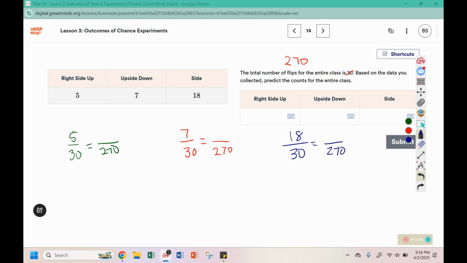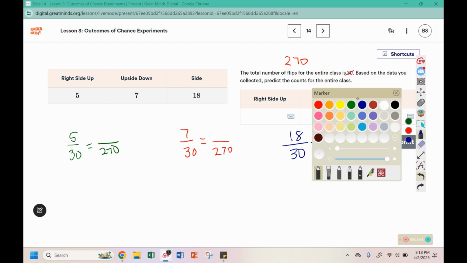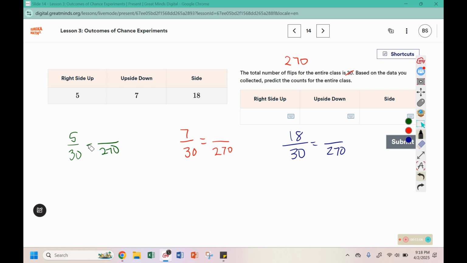You can either use the cross multiply and divide technique like we did for percents, or you can multiply. 30 times 9 makes 270. So 5 times 9 would give us 45. 7 times 9 is 63.